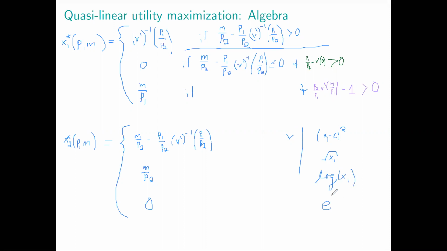There's a bunch of things, like e to the x1. You just need these things to be increasing in order for it to make sense. And you can add stuff into all of these as well in order to start thinking about other things. But great, those are some good practice problems that you might want to try.